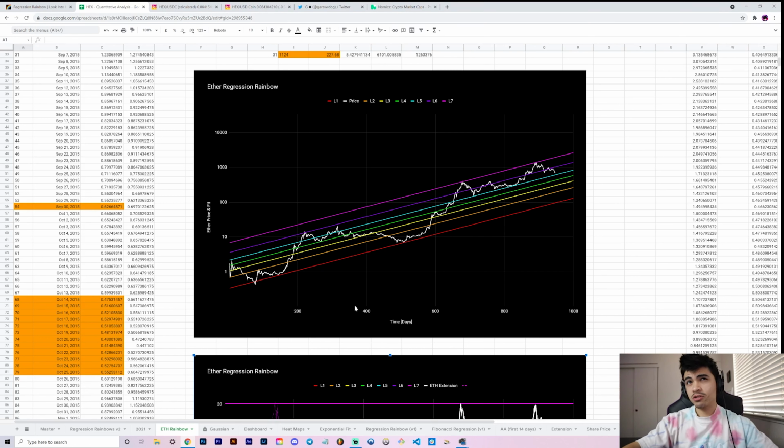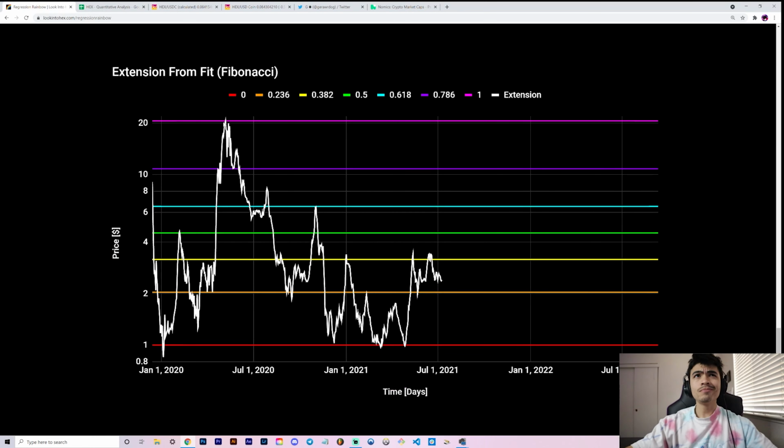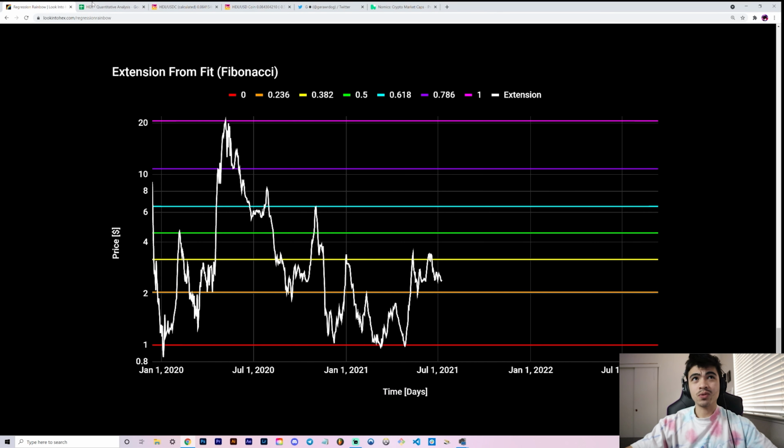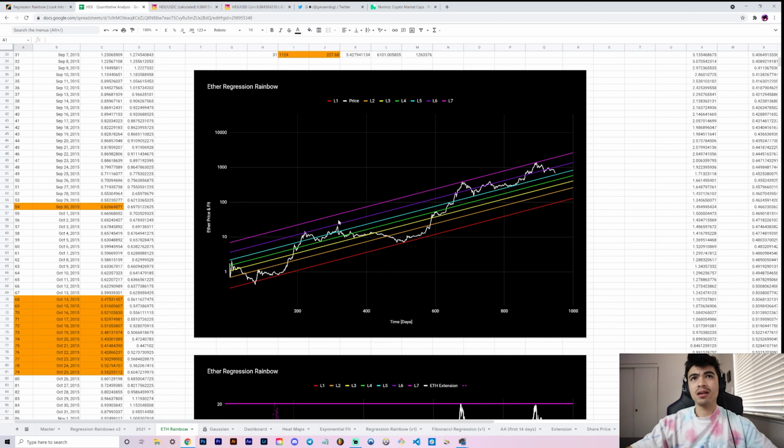But also it's very interesting how they have very, very different chart formations, where Hex reached that 20x above exponential fit around day 100 and something, May of 2020, whereas Ether bubbled up to only the purple, right, for that first bubble, and then had a nice double peak into the pink later on.